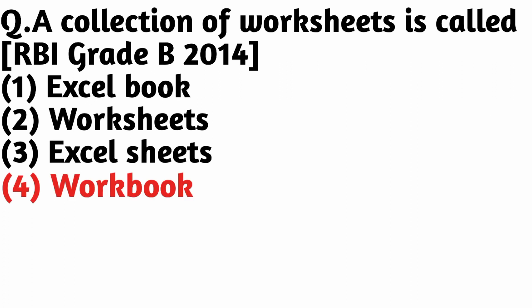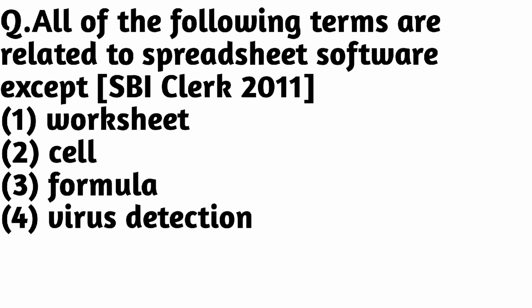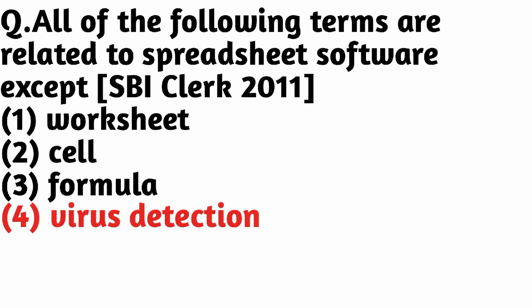The correct answer is option 4 workbook. All of the following terms are related to spreadsheet software except option 1 worksheet, 2 cell, 3 formula and 4 virus detection. The correct answer is option 4 virus detection.